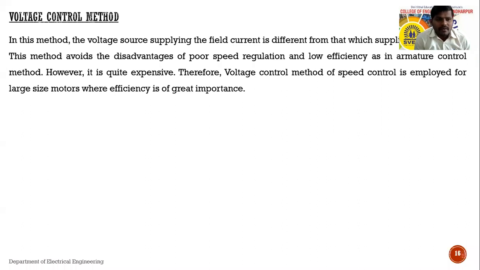If I change the supply voltage, according to the equation, N is directly proportional to Eb divided by phi, which is V minus Ia Ra divided by phi.